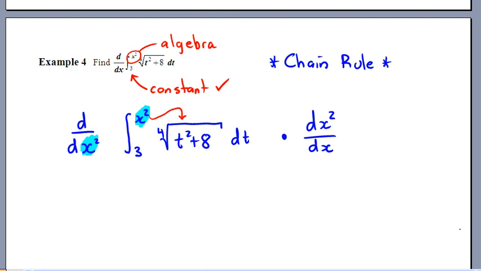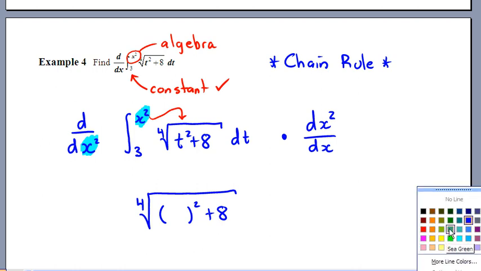So the plan, next time you might not even write that line down. You might just look at it and go, oh yeah, derivative of an integral, and you got a constant on the bottom, here we go. And you just rewrite the function. So I'm going to go fourth root of, now they had a t squared, maybe I'll just leave this as a bracket, squared plus 8, and it is literally this quick. You go, okay, what are you dropping in there? Well, they had that blob that I've highlighted in blue.